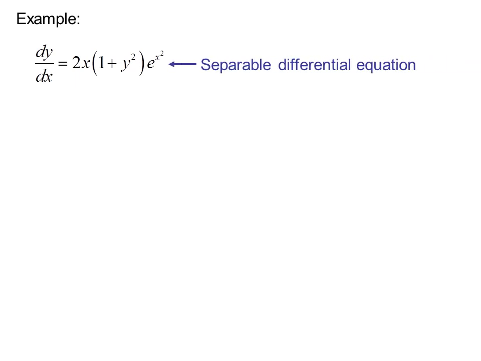It is a separable differential equation because it is a product of x terms and y terms. We divide by the y term and get 1 over 1 plus y squared dy equals 2x e to the x squared dx.